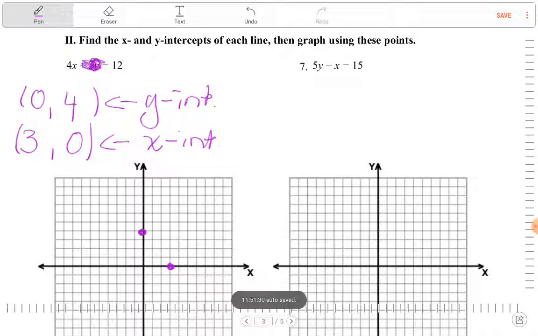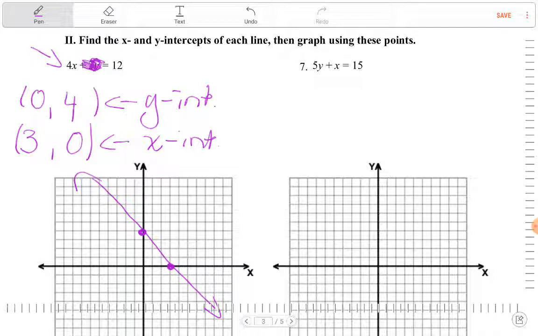These are 2 points that are going to lie on this line. So I can actually graph out of standard form fairly quickly by finding your x and y intercepts, and then I would just connect my dots with a nice ruler, and I have my line graphed using the x and the y intercept.